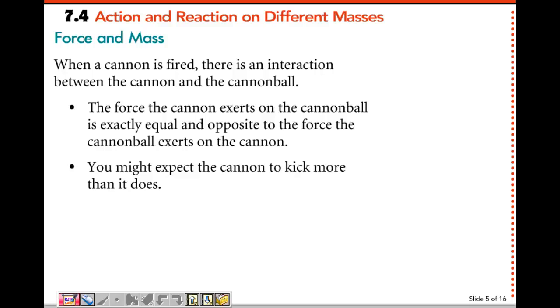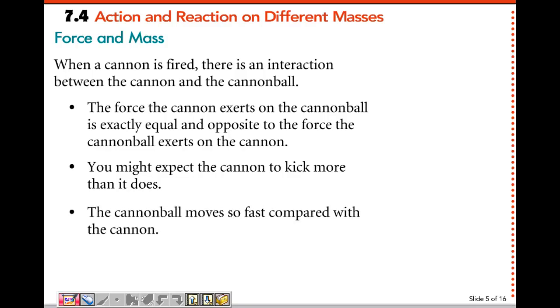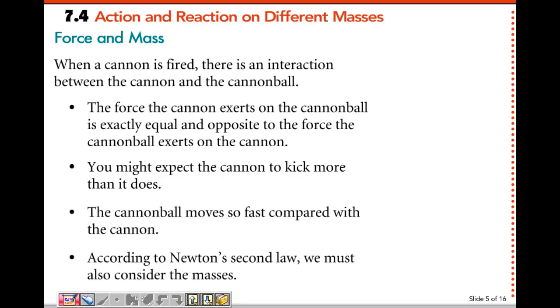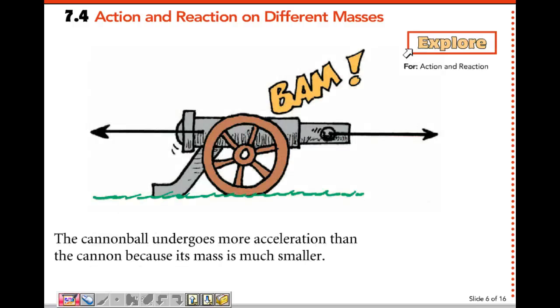You might expect the cannon to kick more than it does, but the cannonball moves very fast compared with the cannon. According to Newton's second law, we also have to take into account the masses. So here's the cannon. It shoots the cannonball out, and the cannon moves back. The action force is the cannon on the cannonball, and the reaction is the cannonball back on the cannon.